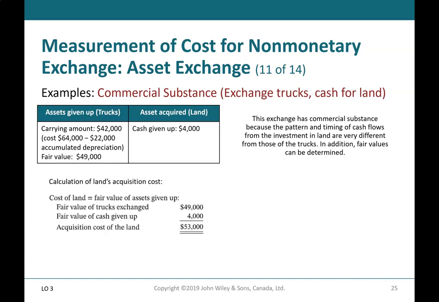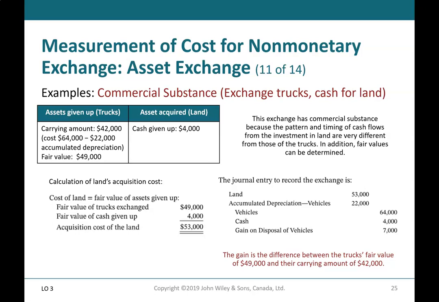Calculation of land's acquisition cost. Cost of land equals fair value of assets given up. The fair value of trucks exchanged is $49,000. The fair value of cash given up is $4,000. The acquisition cost of the land is $53,000. The journal entry to record the exchange is debit land $53,000.